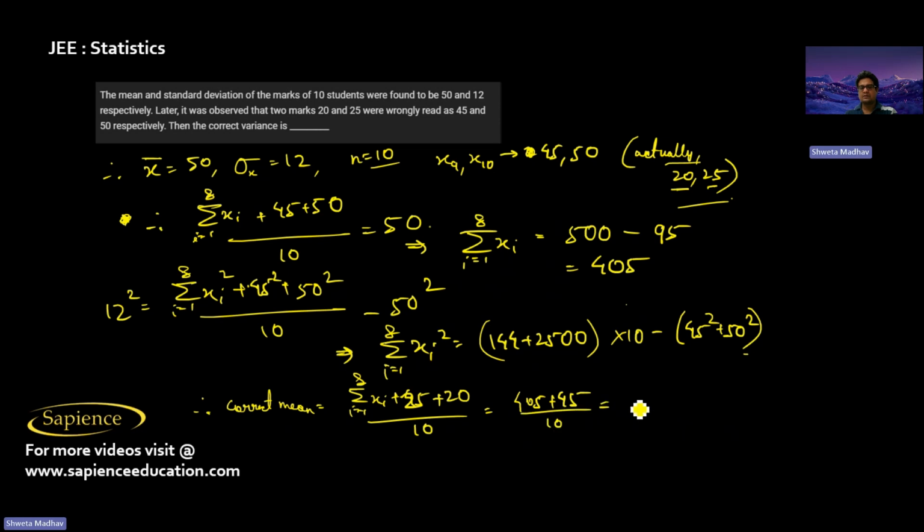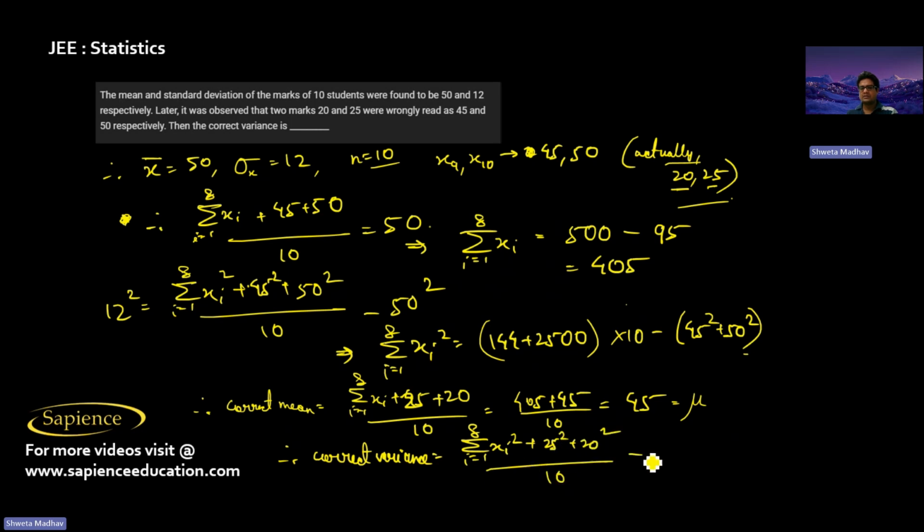So this is 450 by 10, that is 45. This is the correct mean, you can call it mu. Therefore, the correct variance would be equal to summation xi square, i goes from 1 to 8, plus 25 square plus 20 square, divided by 10, minus mu square.